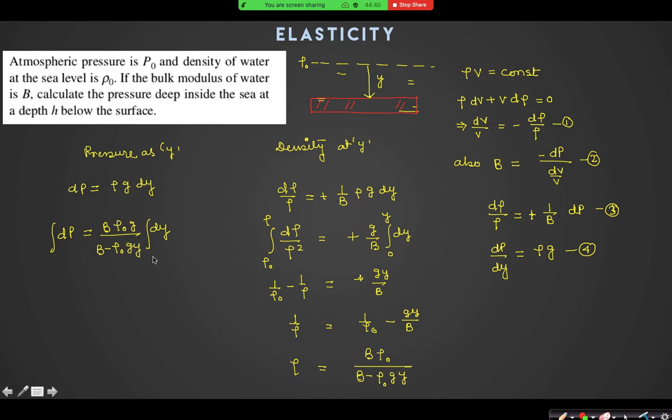Now integrate from y equal to 0 to h, and pressure from P naught to P. This entire term will be inside the integration.